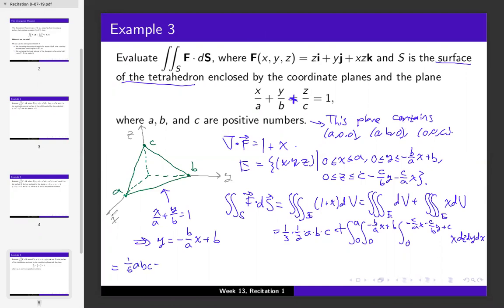Now we can actually make our lives a little bit easier by strategically changing, well, can we make our lives easier by strategically changing the order of integration? Maybe, maybe not. Not super clear.